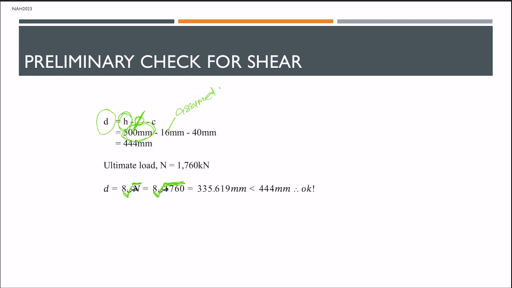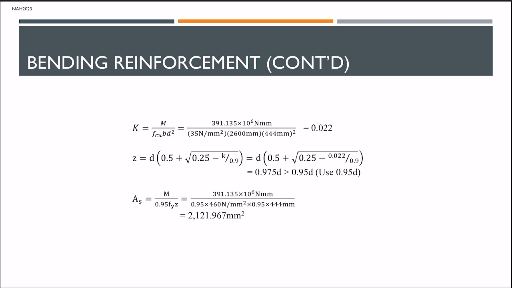Okay, so mesti dia lebih rendah. That's why kalau boleh tadi height ni kita jangan turunkan. It's just that mungkin kita risaulah takut preliminary check for sure ini fail lah. Kalau kita pakai the total height yang sangat rendah.